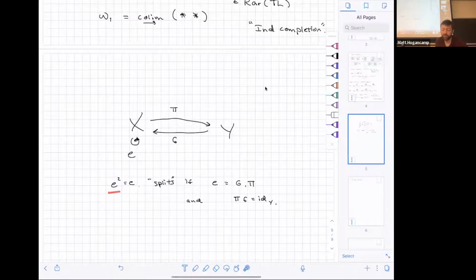So your idempotent splits if you can factor it as the composition of two things which compose in the other way to give you the identity.